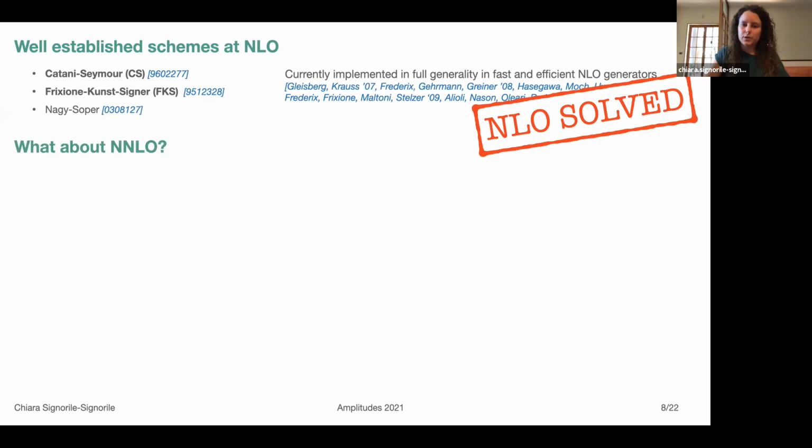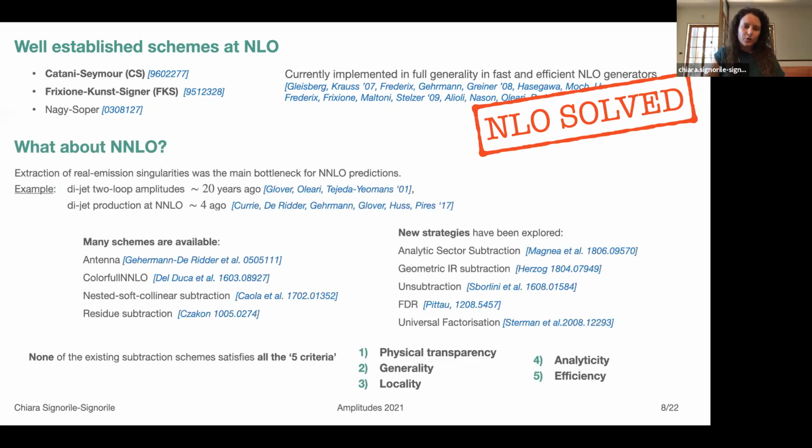So what about the next order? Well, at this level, of course, the problem is much more complicated. And in particular, the double real radiation and the extraction of these phase space singularities was really a bottleneck in the past. So just to give you an idea, today we have numerous subtraction schemes.